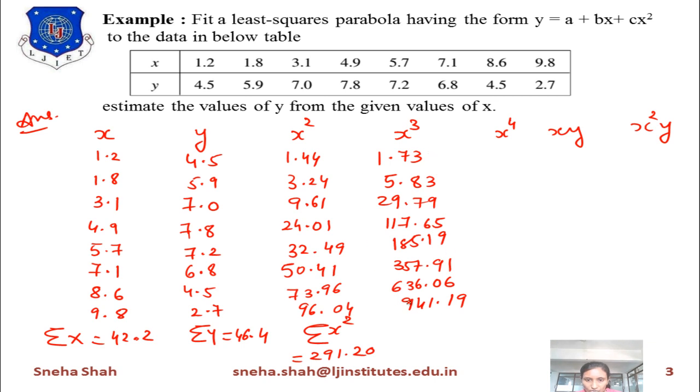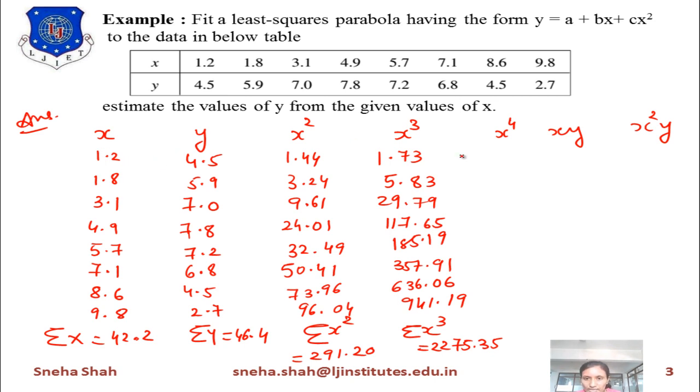When you add all the terms, it will give you the answer of summation x cubed, and the answer of this addition will give you 2275.35.